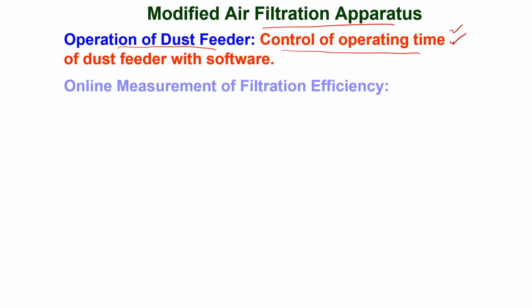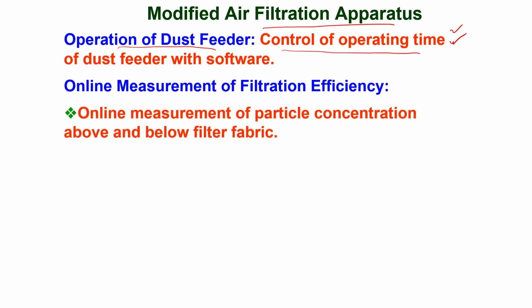Then online measurement of filtration efficiency, we can measure the filtration efficiency in real time with the time. So, here online measurement of particle concentration above and below the filter medium, that is important.